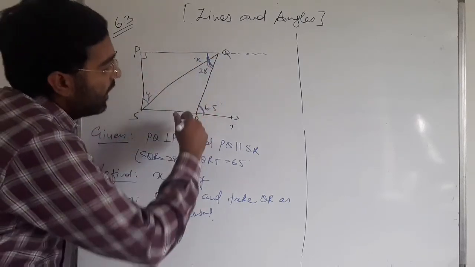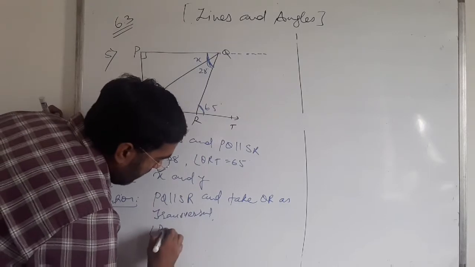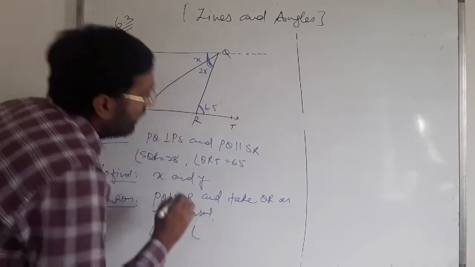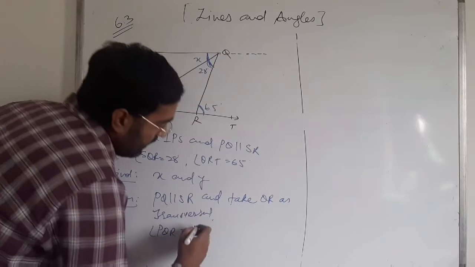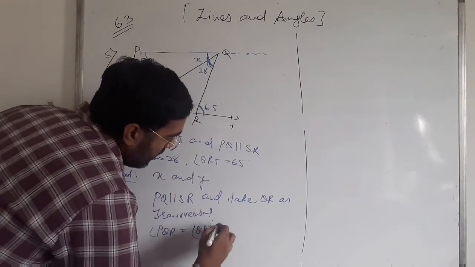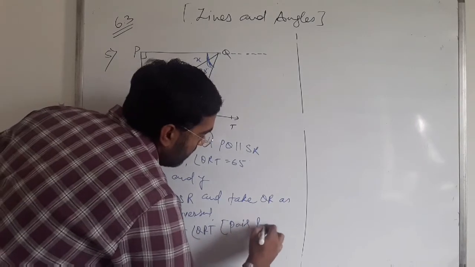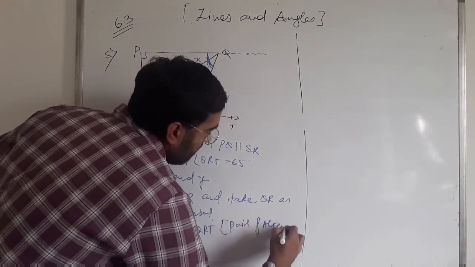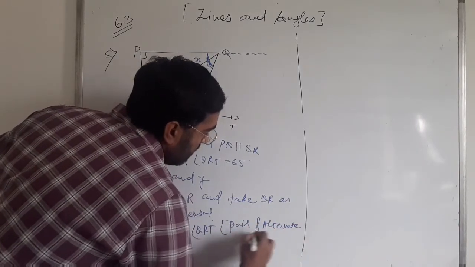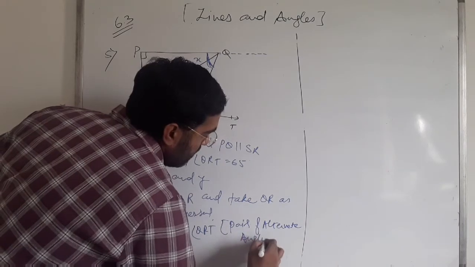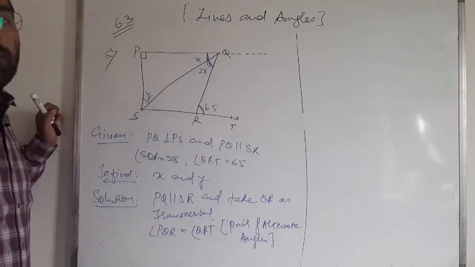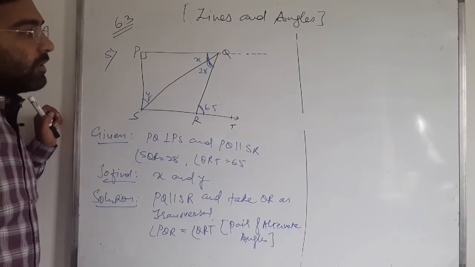Angle PQR is equal to angle QRT. They form a pair of alternate angles.